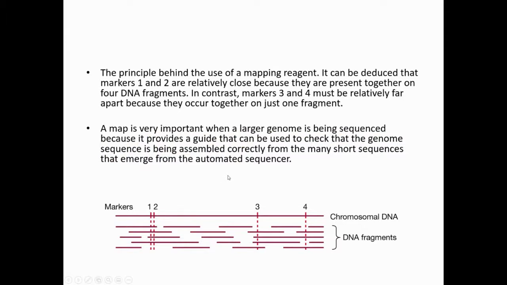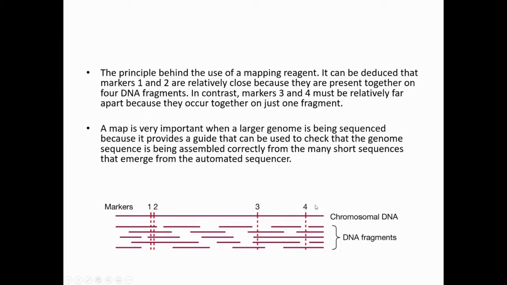And then using the mapping reagent, they can deduce whether the markers are close to each other or not. So for example, in here, number 1 and number 2 appear in 4 different fragments. That means these 2 are very close to each other.